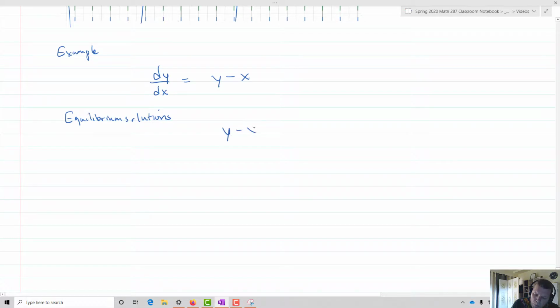We're going to get y minus x equals 0, and so we're going to get our slopes equal to 0 whenever y equals x. But y equals x is not a constant function. So this particular differential equation has no equilibrium solutions.